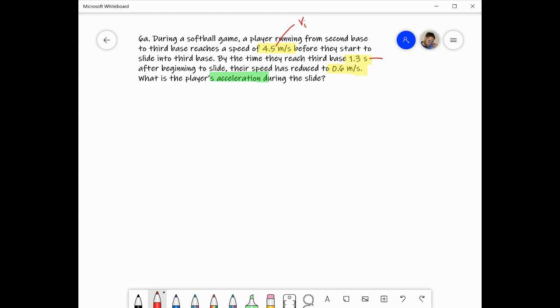So this is a change in time. And this last piece down here, the 0.6 meters per second, is my final velocity, VF. It used to be 4.5 and now it's 0.6. So we've slowed down, so there's an acceleration, and I know that acceleration is negative because we've slowed down.